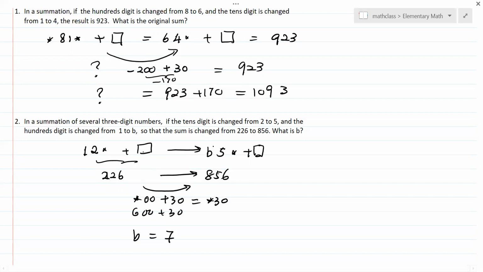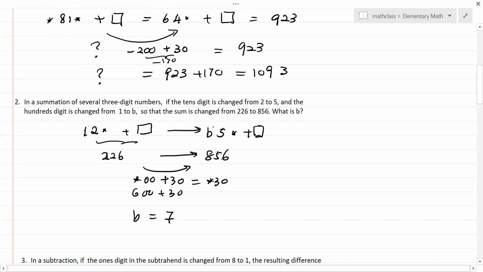You really don't need to know what the second 3-digit number is. In this particular problem, if the original sum is 226, you can only have two 3-digit numbers in the summation. You cannot have more, otherwise you get more than 300.